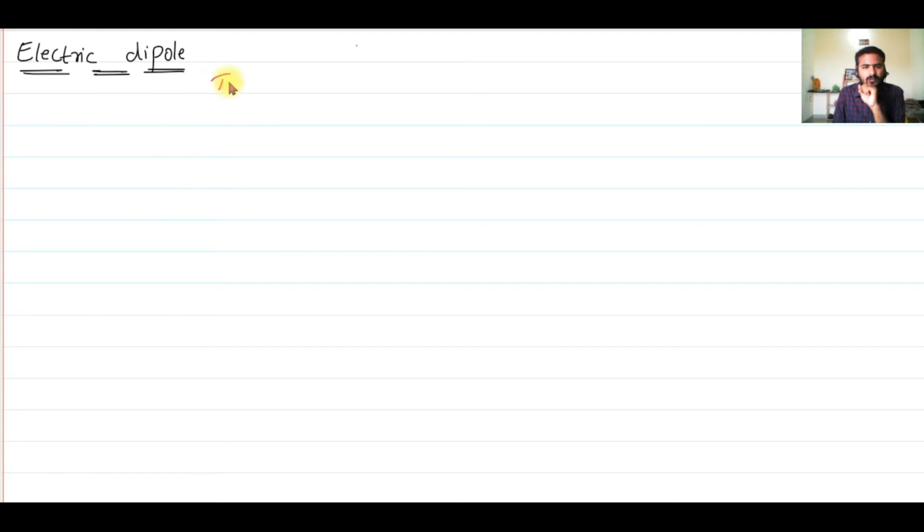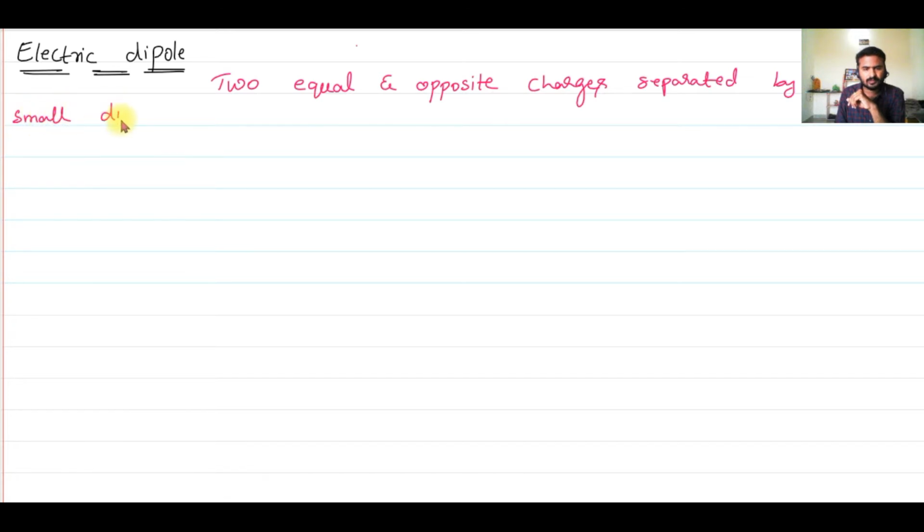Alright, so two equal and opposite charges separated by a very small distance is called an electric dipole.